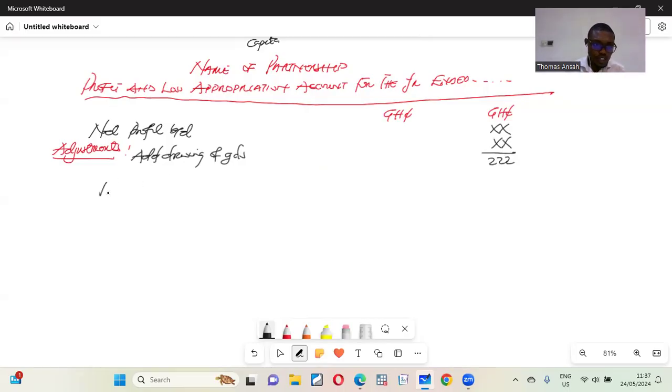Then we said you less what? You remember, any expenses made on behalf of the partnership by a partner, and also interest on loan.